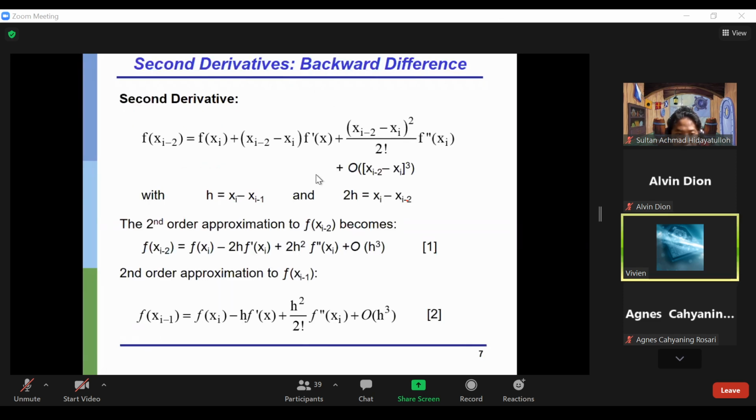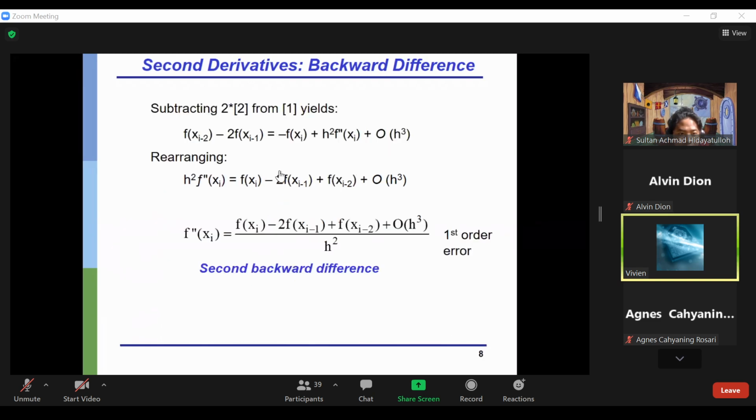So for the second derivative as well, we can also combine the equations. For example, we have f(xi minus 2) and we combine the Taylor series expansion with f(xi minus 1). When we combine both equations, we end up with a new equation to find the second derivative, in which this is also first order, because when we divide it by h squared, this will be h to the power of 1.